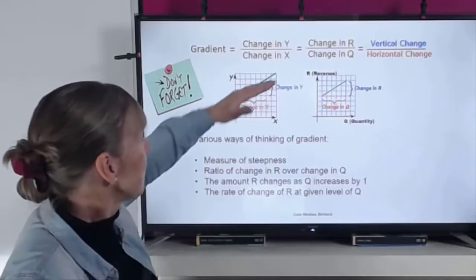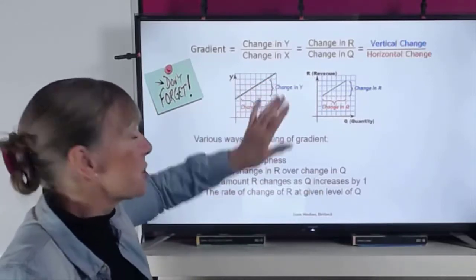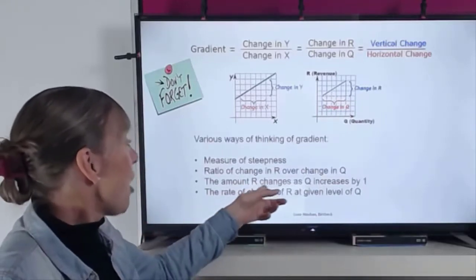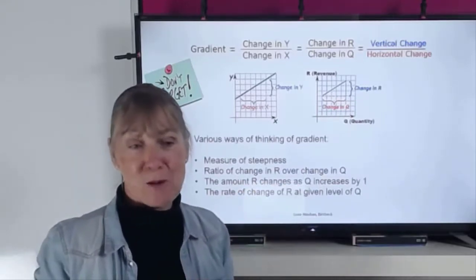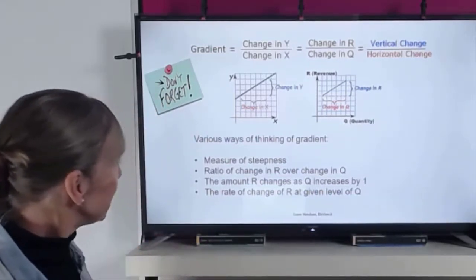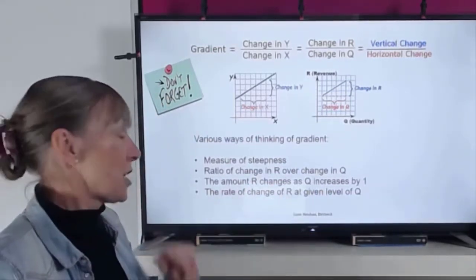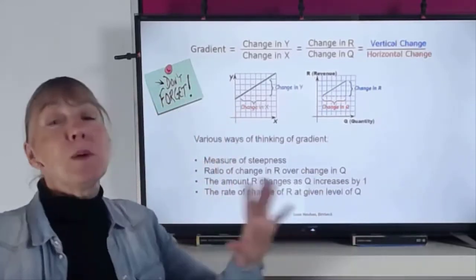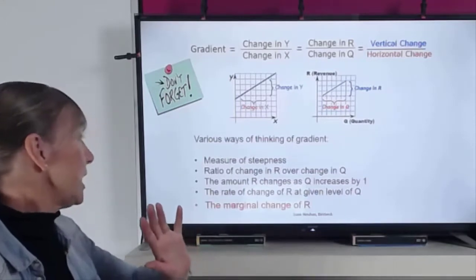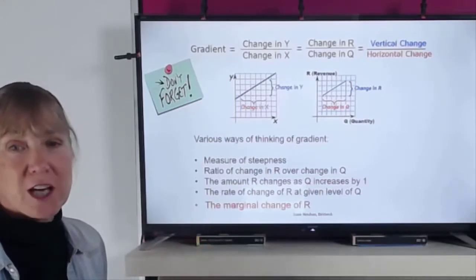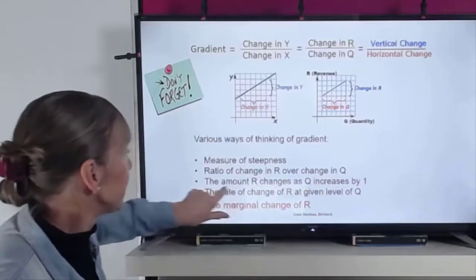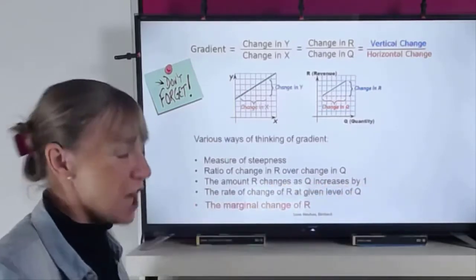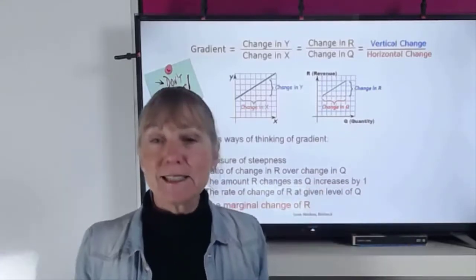It's a ratio of the change in R over the change in Q. It's the amount that R changes as Q increases by 1. So that's an important reminder. The rate of change of R at a given level of Q. But here's the important thing. It also means the marginal change of R, because this is a definition of marginal change. So marginal change is really just the gradient.